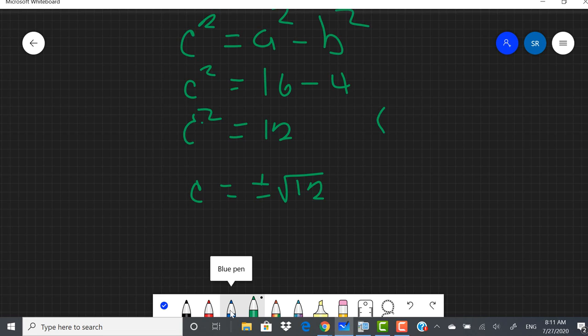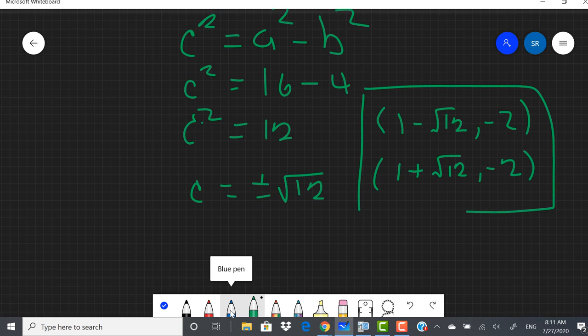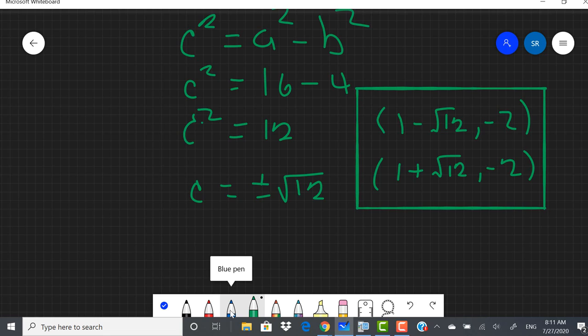And since the foci are on the x-axis, we're going to affect the x, not the y. So we're going to go 1 minus root 12, negative 2, and then 1 plus root 12, negative 2, and we're just going to keep it at exact numbers here, and leave it in the root. So that would be the foci here.